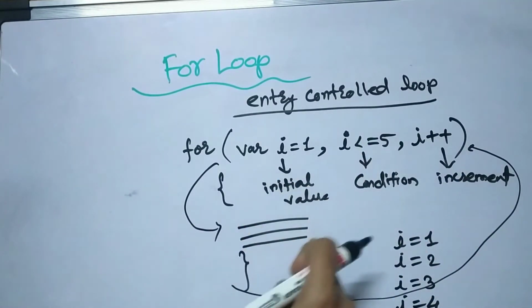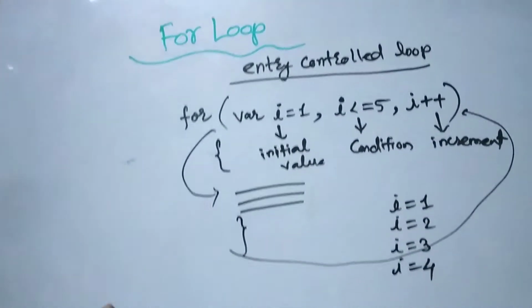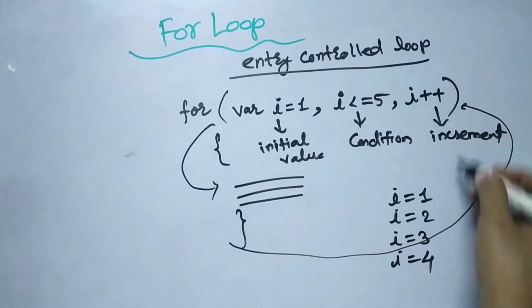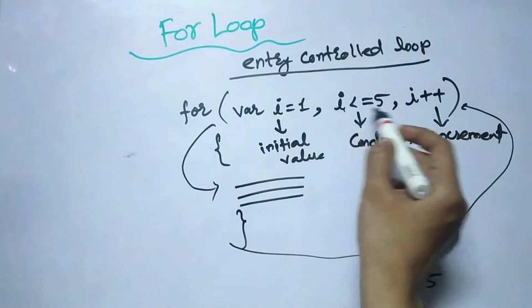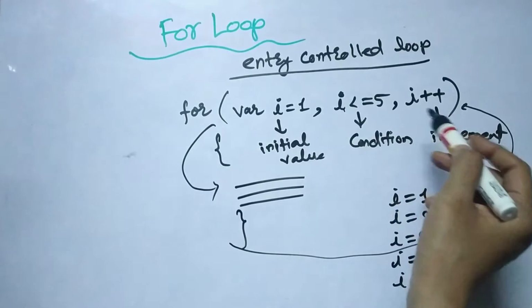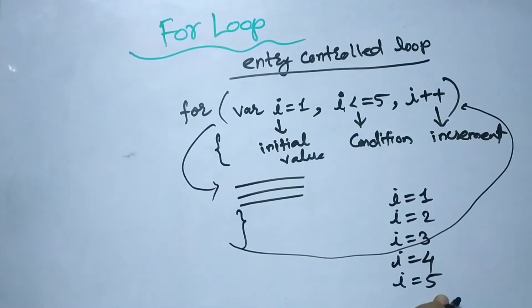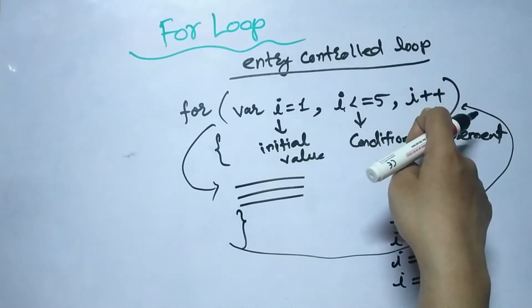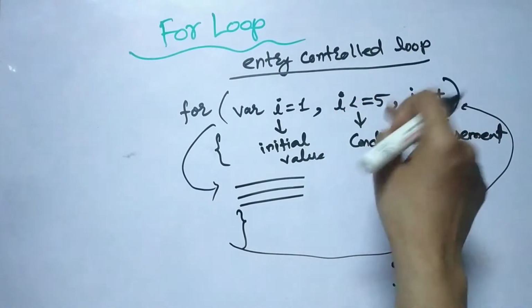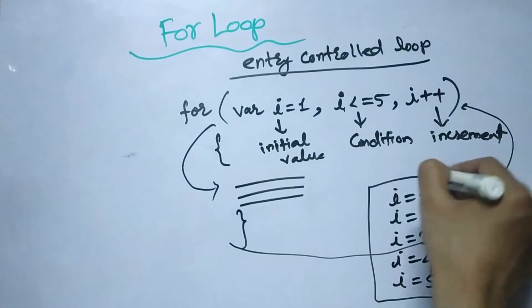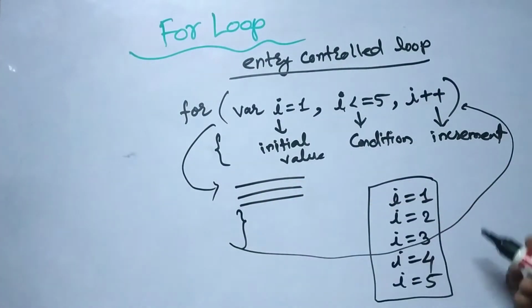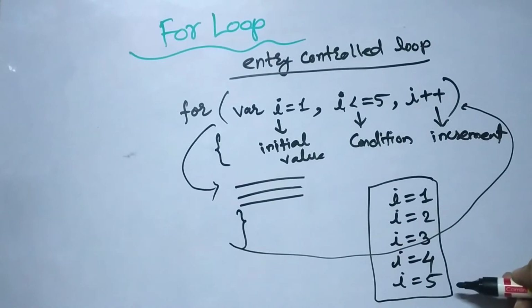Yes, so the loop will come inside the body and execute whatever is written. Again it will go and check. Now I plus plus means I's value becomes 5. So 5 is less than or equal to 5. Yes, 5 is equal to 5. So it will execute and come here. Now it becomes 6. So when it checks for 6, it becomes false. So it exits. It means the given instructions inside the loop execute 5 times.